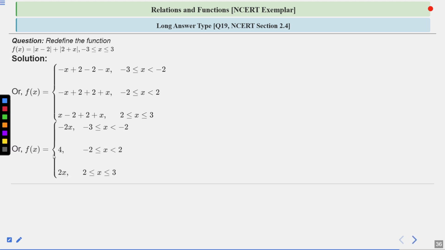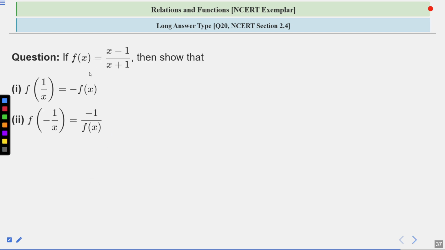So f(x) is minus 2x for x greater than or equal to -3 and less than -2. f(x) is just 4 when x is greater than or equal to -2 and less than 2. f(x) is twice x when x is greater than or equal to 2 and less than or equal to 3. Simple.